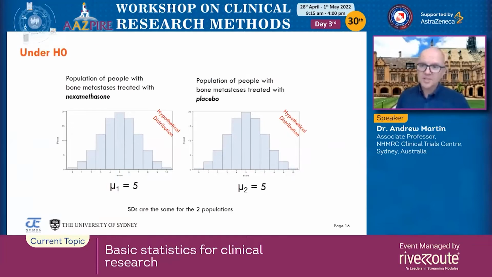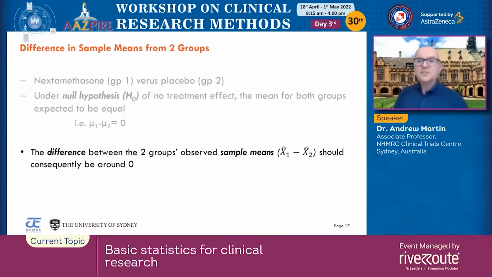Under the null hypothesis, what the null hypothesis means is that there would be no difference between the true mean in these two groups. So we've got a mean of 5 on the left as being the truth for dexamethasone. We've got a mean of 5 on the right as being the truth for placebo. So the difference between the two groups' sample means should be around 0.